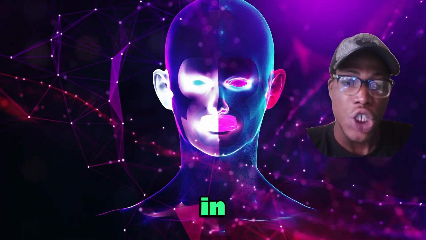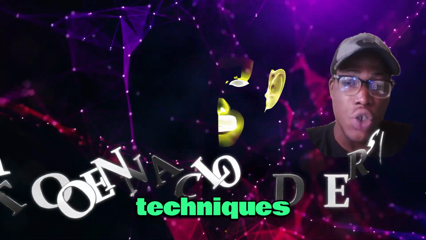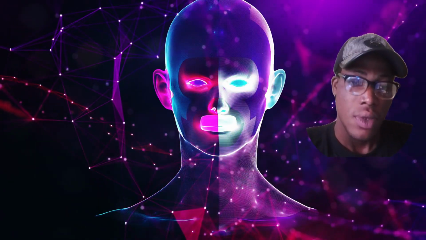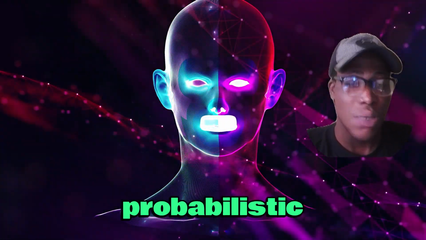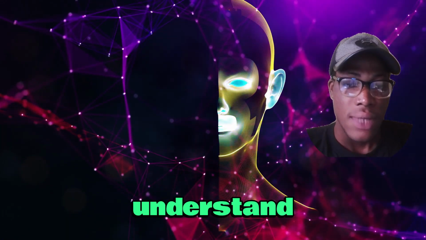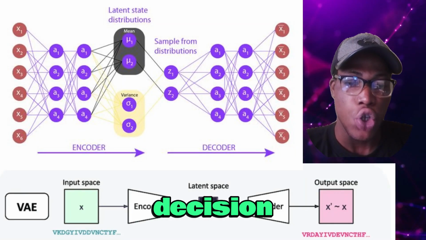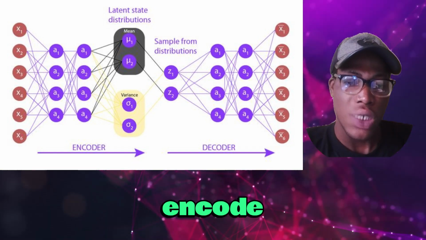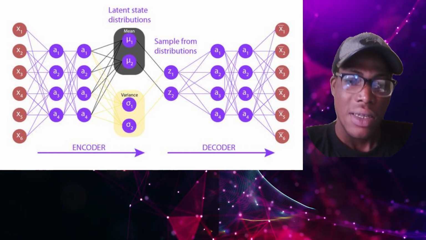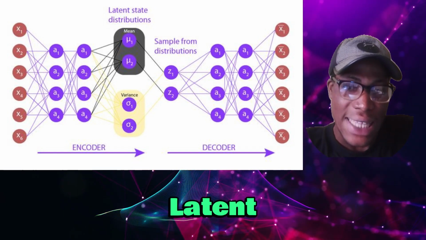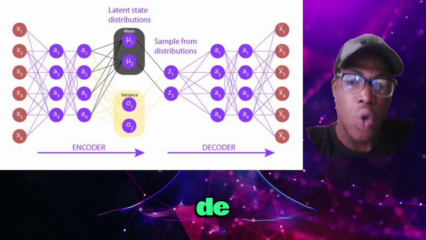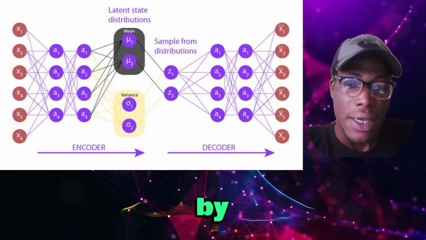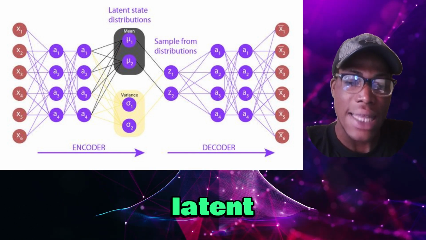Another approach in generative AI is called variational autoencoders, with the acronym VAEs. Variational autoencoders are probabilistic models that learn the underlying distribution of the input data. They aim to encode the input data into a lower dimensional latent space and then decode it back to reconstruct the original data by sampling from the latent space.